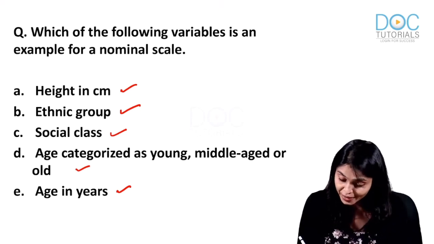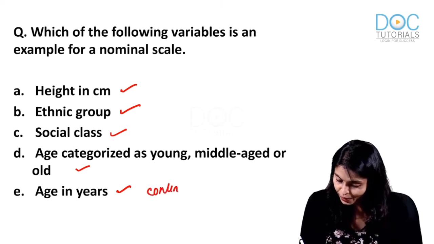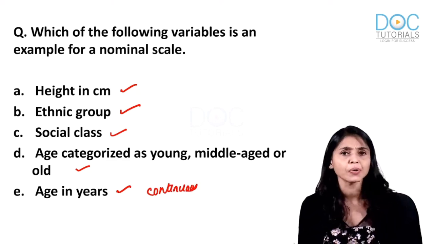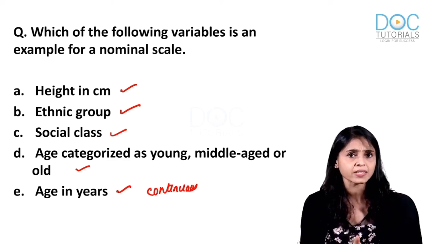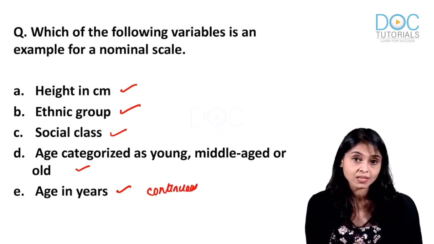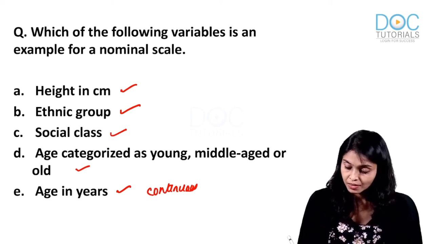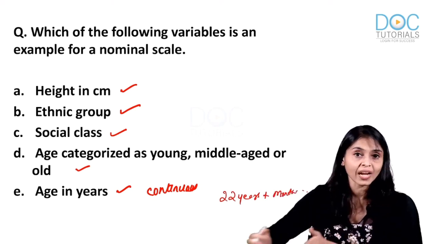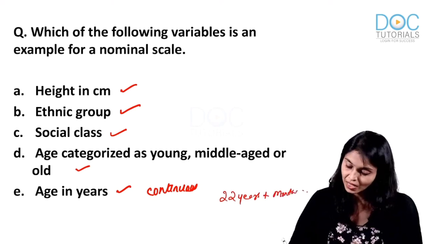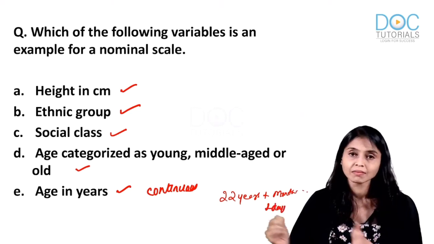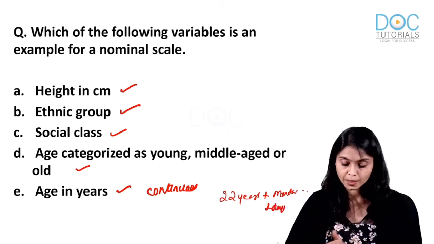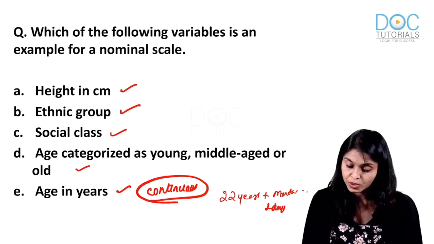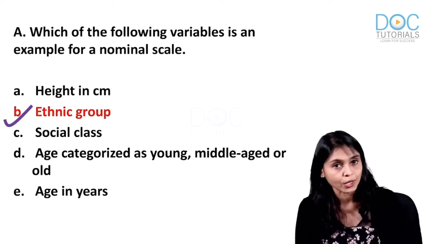It is continuous, not discrete. How do you depict the age of children? In days, infants. Age, months, right? Your age is 22 years plus this many months plus this many days. So any number of decimals are possible. Months, days, anything is possible. So decimals are possible and age is a continuous variable. So here the answer is ethnic group.